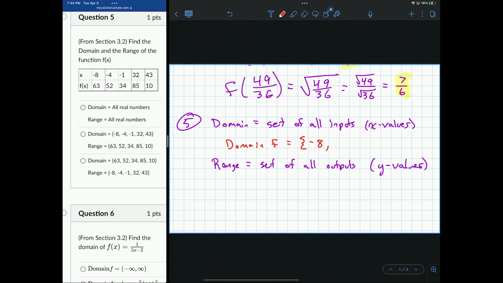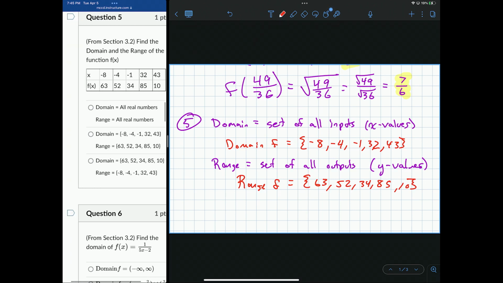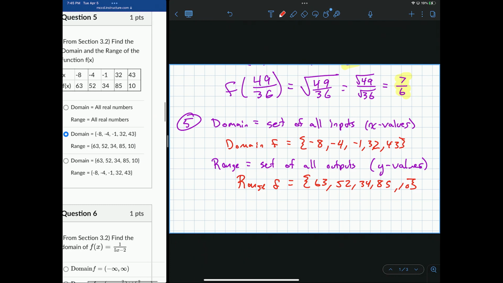You just list them: 8, -8, -4, -1, 32, 32, 43. And the range is just going to be the y values or the f of x values. Again, you don't have to put them in any special order. You just list them: 63, 52, 34, 85, 10. So which one does that? Looks like this one, the second option. The third option has them backwards, and the first option is just wrong.